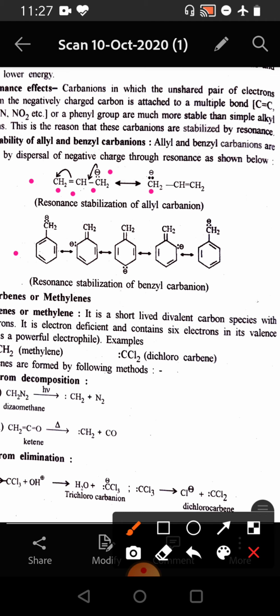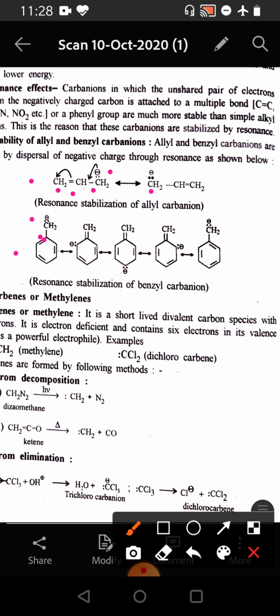Now we consider the resonating structure of benzyl carbanion. In the benzyl carbanion, the negative charge is outside, and this lone pair is shifted between the methyl group and the carbon of the benzene group and forms a double bond.